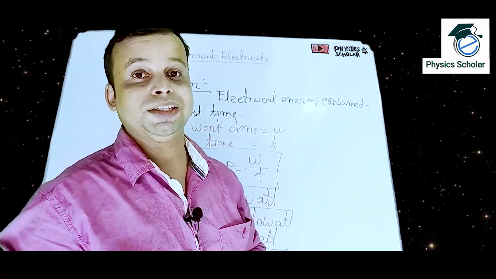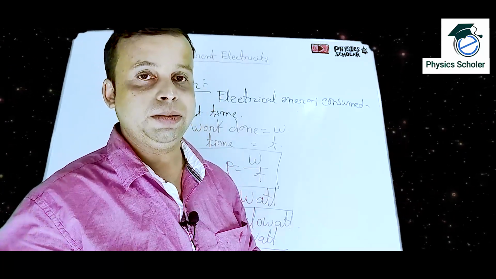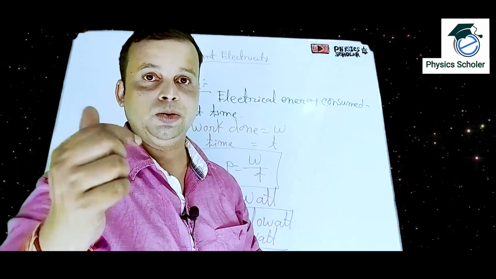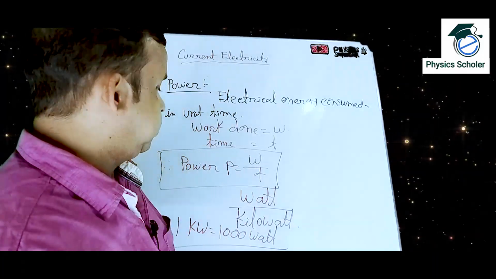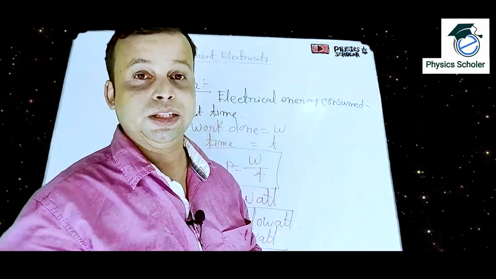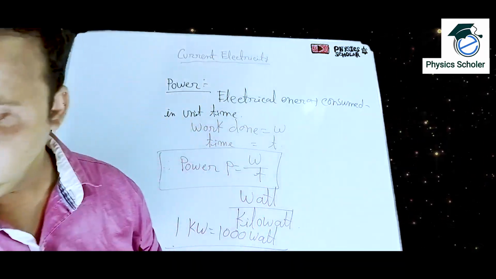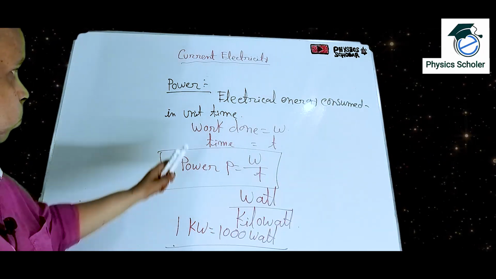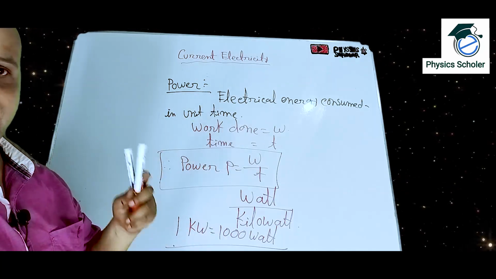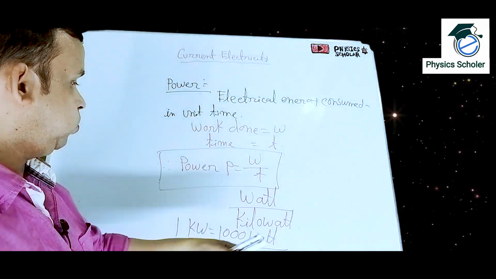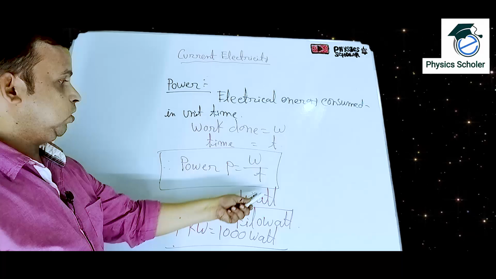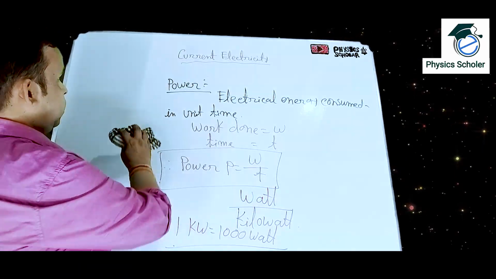Kilowatt is used for commercial purposes, like the electric energy meter, how much energy is consumed in kilowatt units. Okay. So 1 kilowatt is equal to 1000 watt. Power P is equal to W by T. So this is the power.